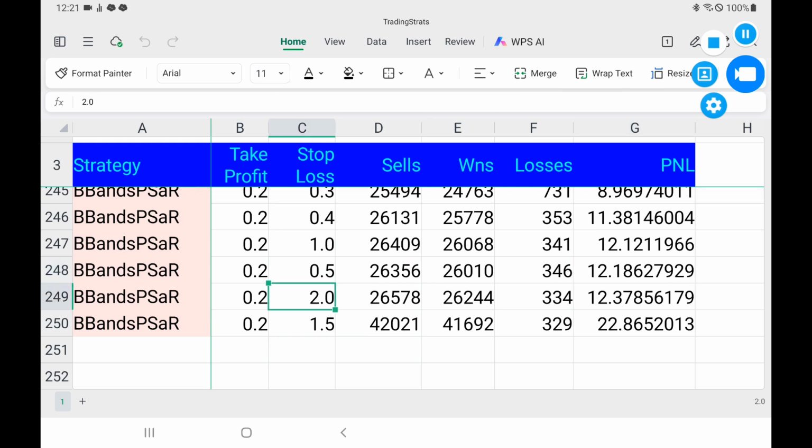But the big winner and the big surprise, a 2% stop loss versus a 1.5 stop loss. The 1.5 stop loss almost doubled the profit. For the Bollinger Band's parabolic SAR, a 0.2% take profit versus a 1.5 stop loss produced a $220 profit at a $10 position size.